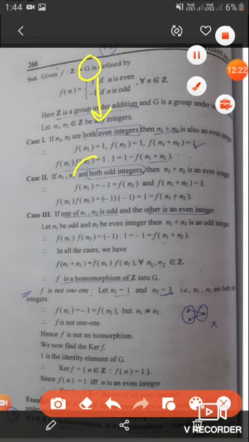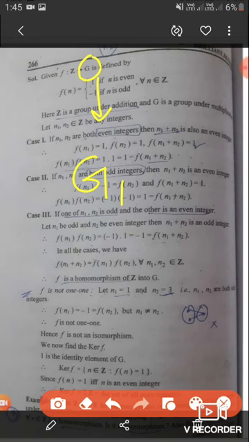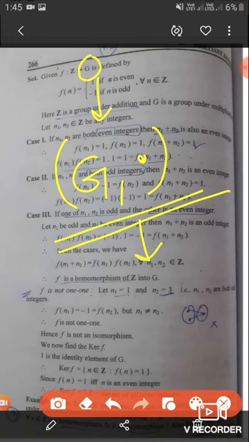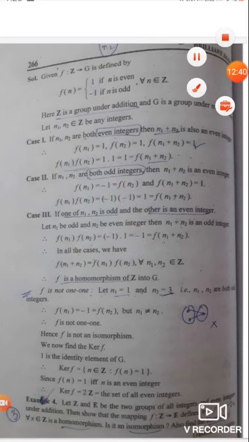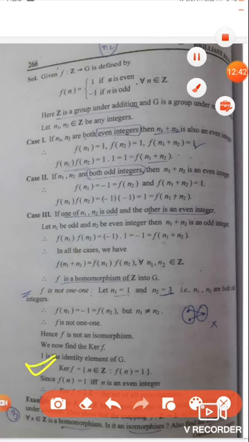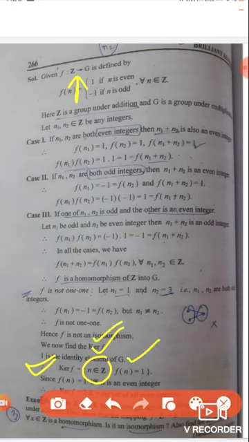In the question it is mentioned that the codomain, that is group G, is a group under the binary operation multiplication, and we have studied in the topic groups that under multiplication the identity element is always 1. So the elements in the kernel will be those integers, this is the domain, whose image will be equal to 1.